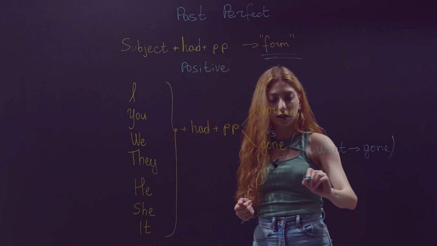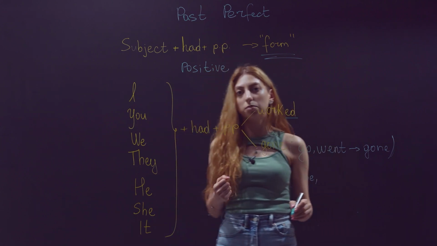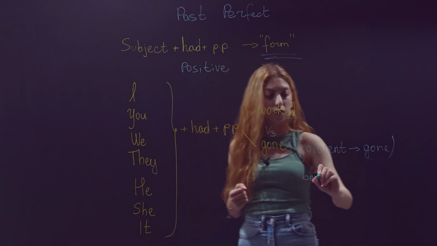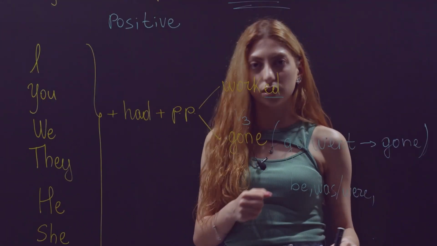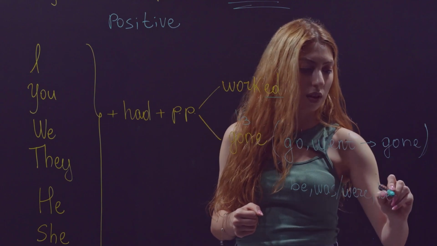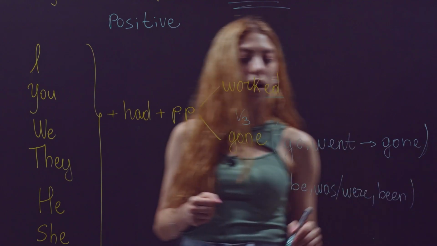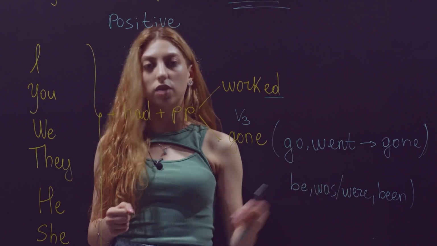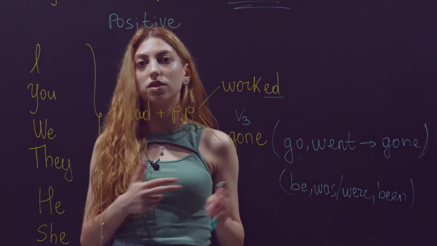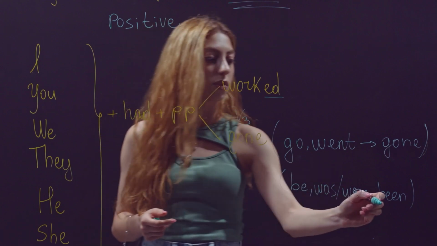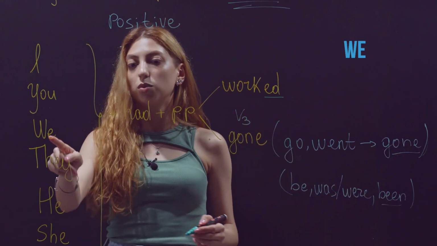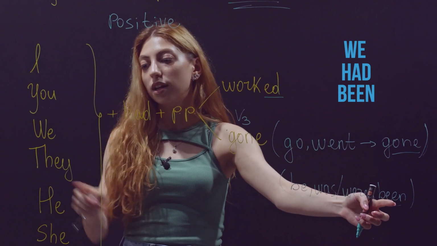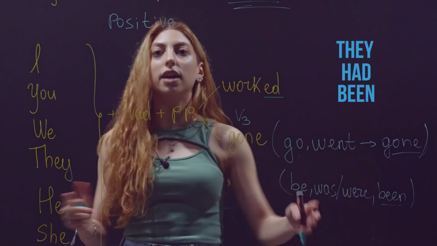Let's remember the three forms of be: be, was, were, and the third form is been. So here, which one should I put? Of course, the third form of the verb, which is been. So here I will have we had been, they had been, and like that.